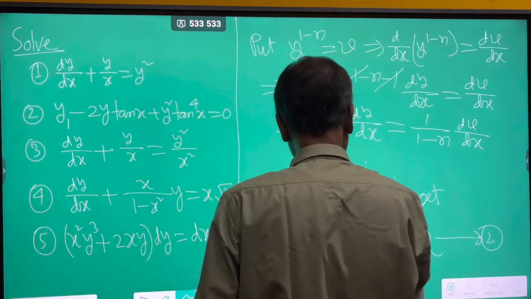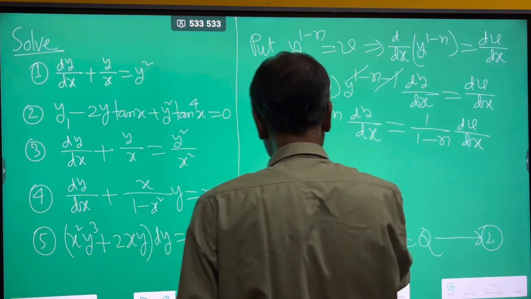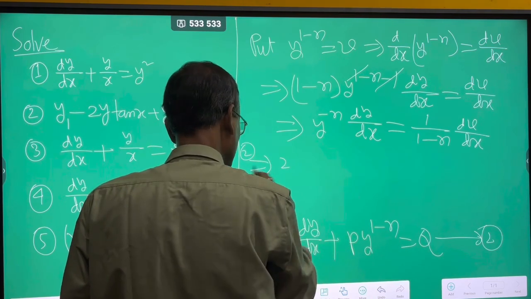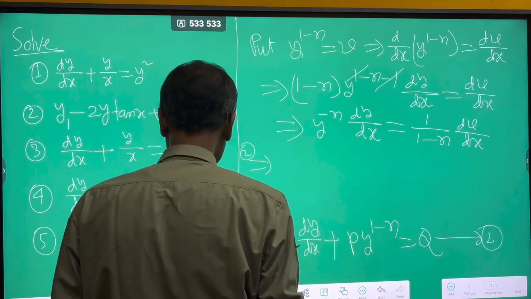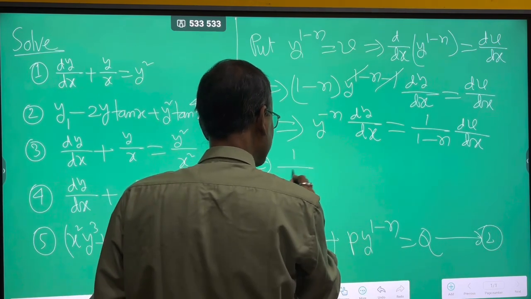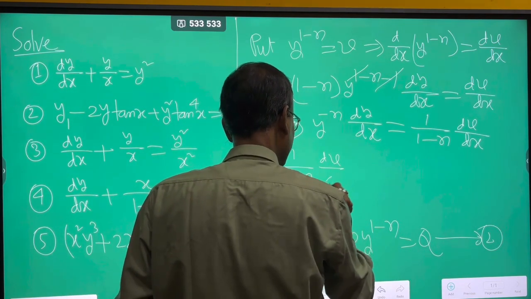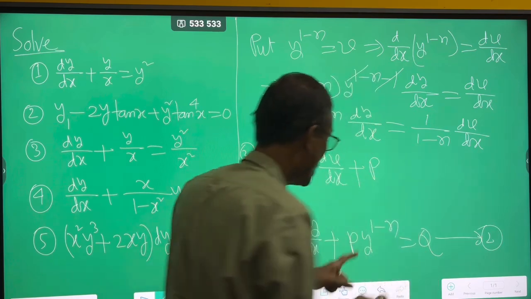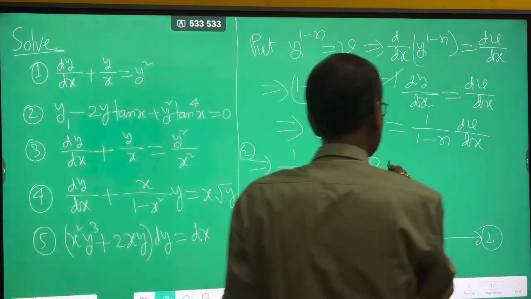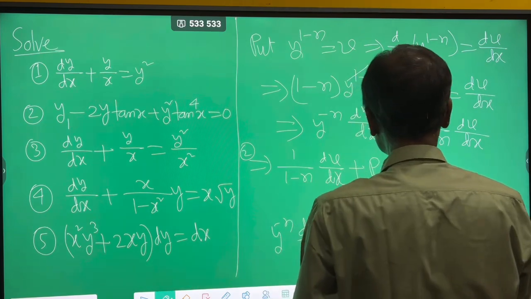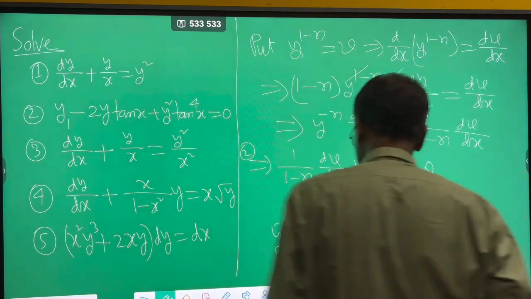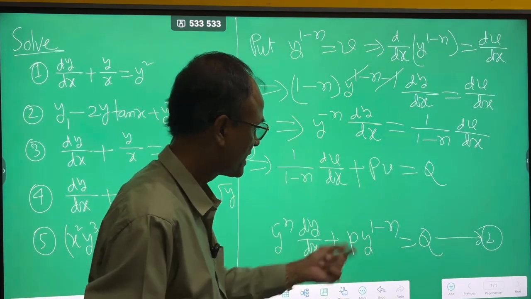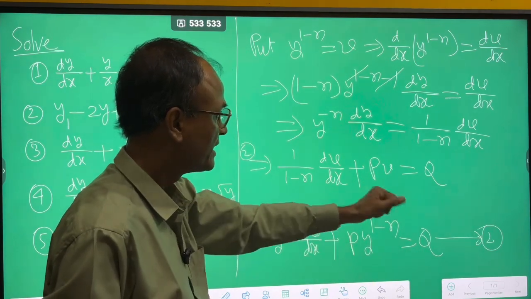From 2 we get 1 by 1 minus n dv by dx plus p, and y to the power 1 minus n is v, equal to q.